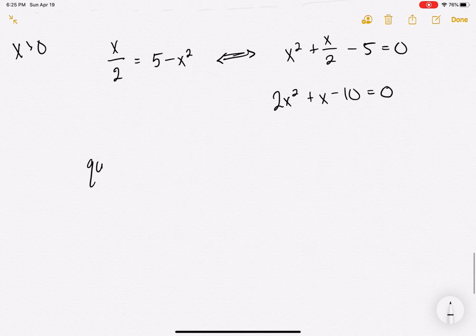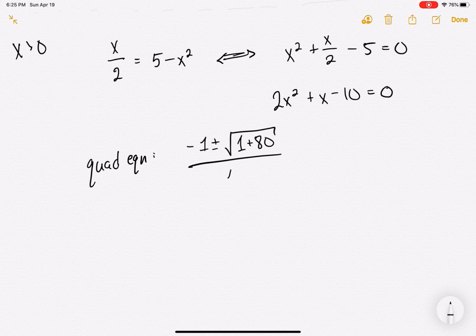Quadratic equation. x equals -b plus or minus the square root of b squared minus 4ac. Once again turns into plus 80, all divided by 2a, which is 4. Now this becomes -1 plus or minus 9 divided by 4. And so this is going to be -10/4 or 8/4.